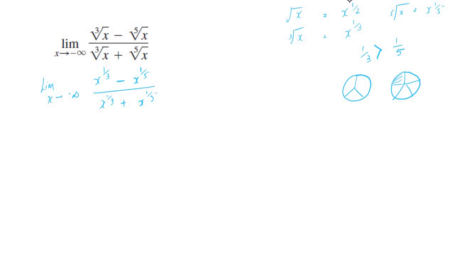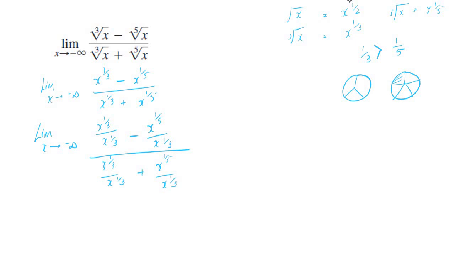As 1/3 is the highest power, we have x to the power 1/3 over x to the power 1/3 minus x to the power 1/5 over x to the power 1/3, as we are dividing the numerator and the denominator by x to the power 1/3. So x to the power 1/3 divided by x to the power 1/3 plus x to the power 1/5 divided by x to the power 1/3.